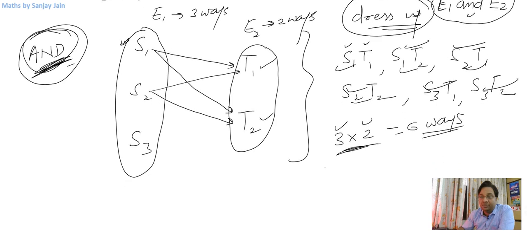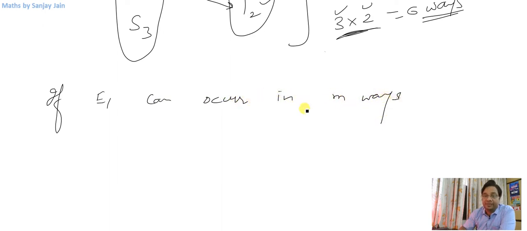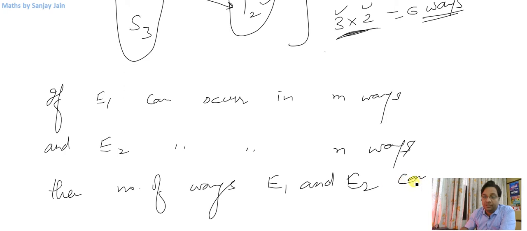So this is the fundamental principle of counting: if there is an event, let us say E1, that can occur in m ways, and E2 can occur in n ways, then the number of ways E1 and E2 can occur will be equal to m into n ways.